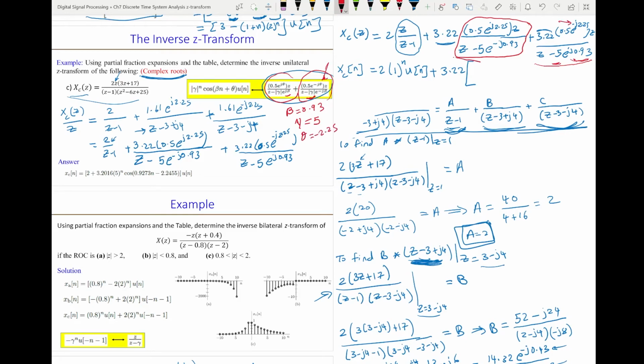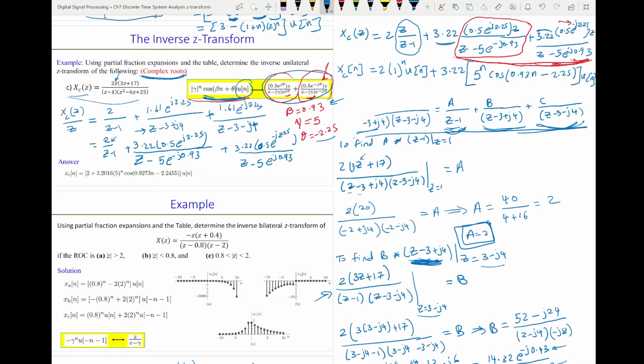Then the inverse z transform for these two terms will be this. So it will be gamma, which is 5 to the power of n, cosine beta, which is 0.93 n, plus theta, which is negative. So that should be negative 2.25, u of n.